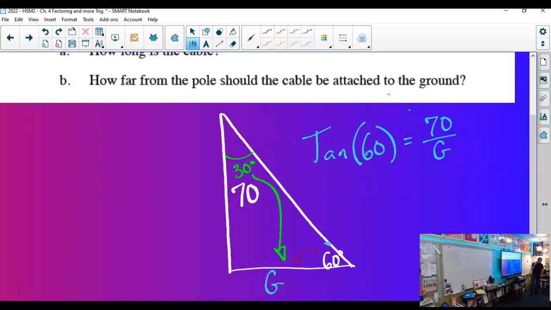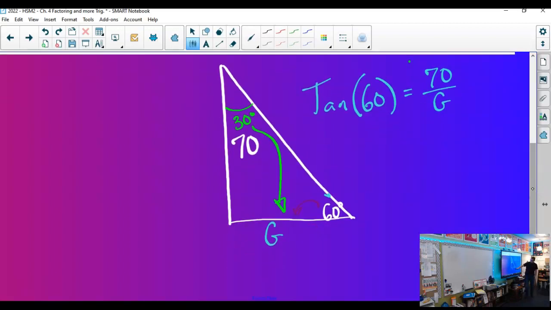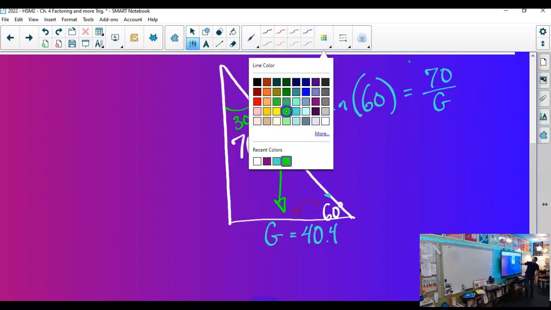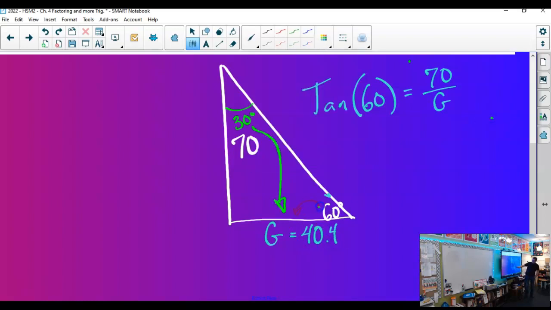So what is 70 divided by tangent of 60? 40.01. So then hypothetically, we think the hypotenuse is double that. But let's double check the trig. What did you say? 40.4. Let's check the trig and say, okay, from 60, even though we could use the 30, let's use opposite over hypotenuse.